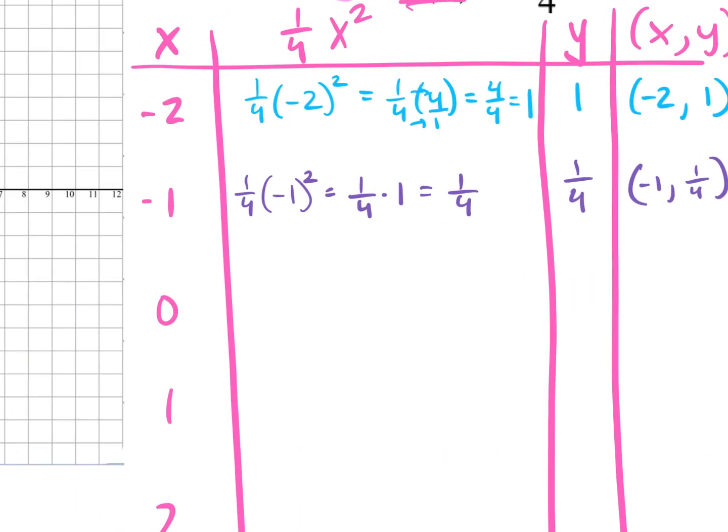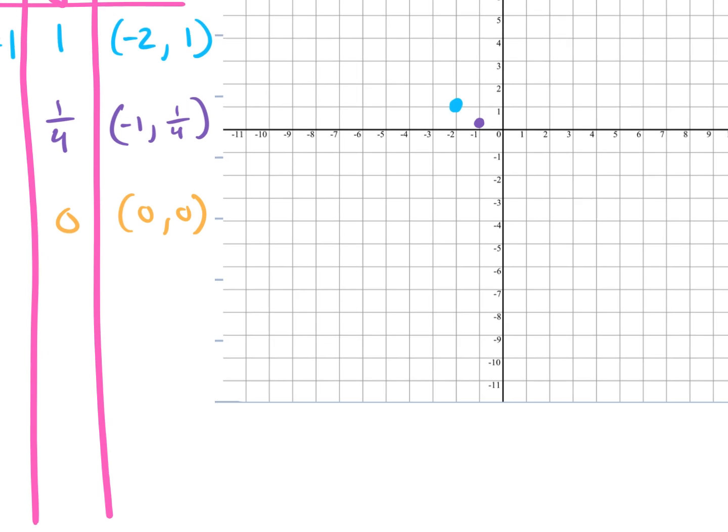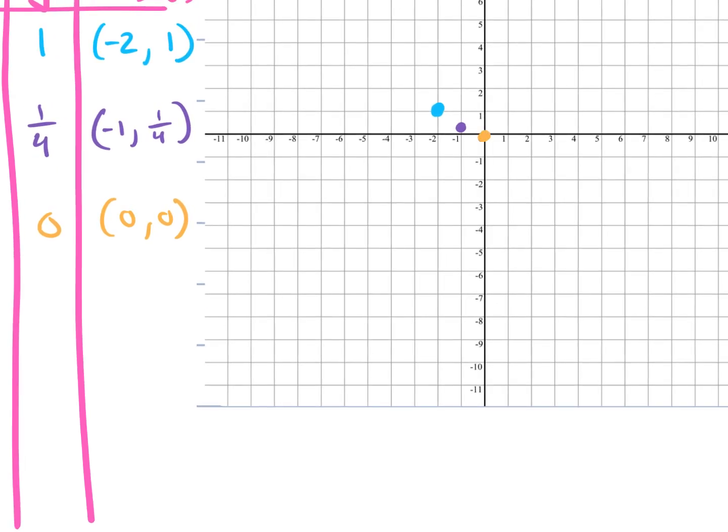Now let's plug in 0. We have 1/4 times 0 squared. 0 squared is 0. And what's 0 times 1/4? 0. So our point here would be 0, comma 0. So we put a point at 0, 0.